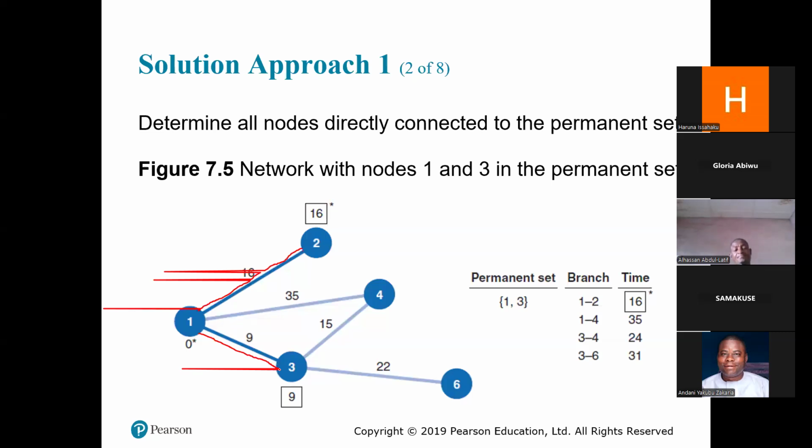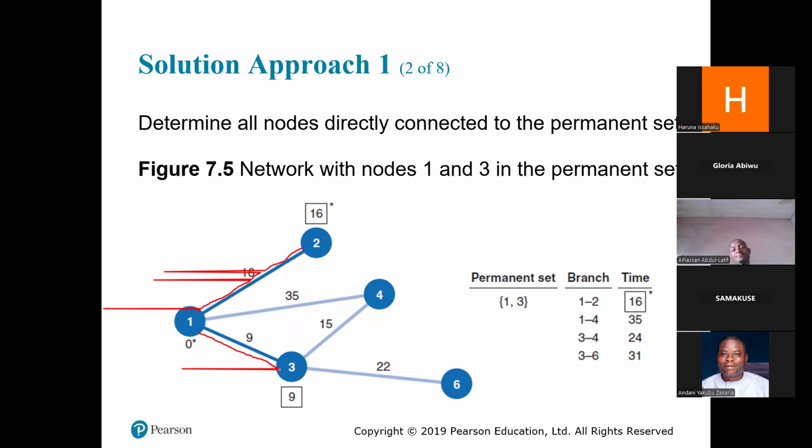So now we have 3 nodes that form the permanent set. 1, 2, and then 3.